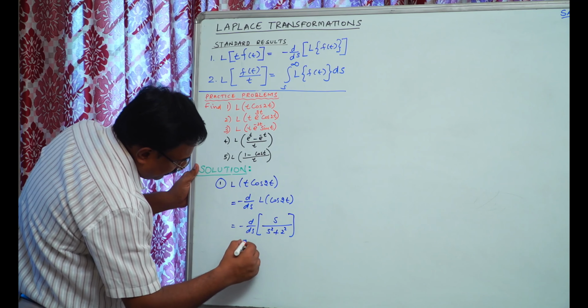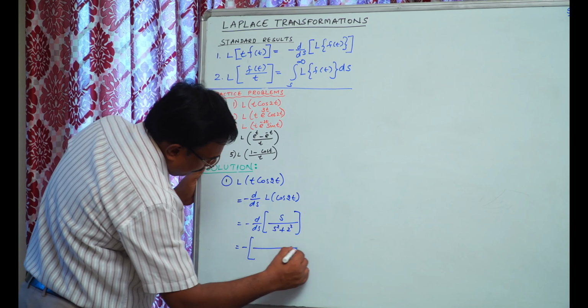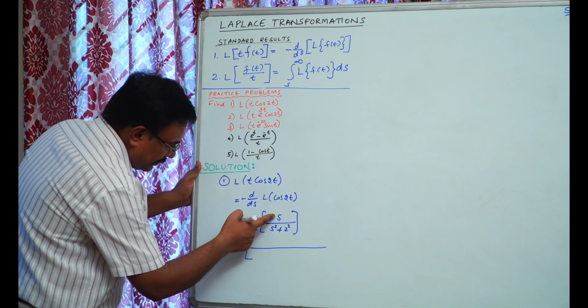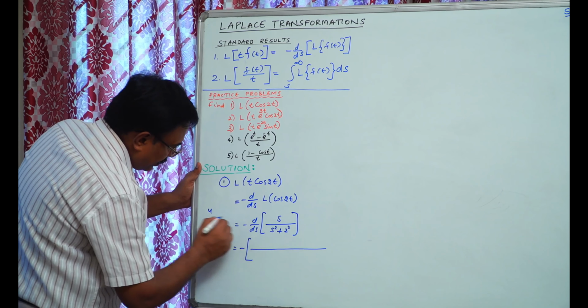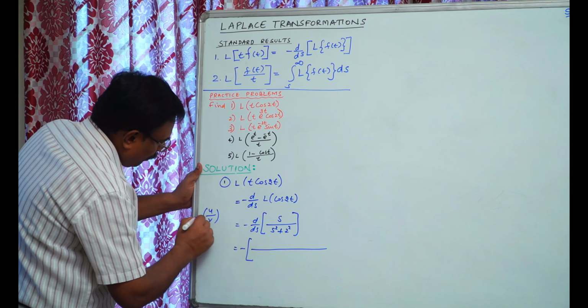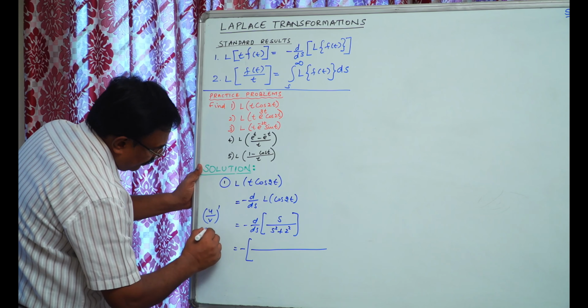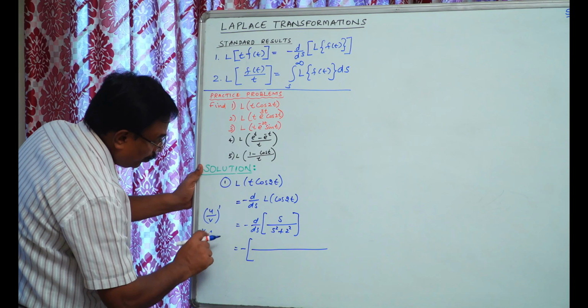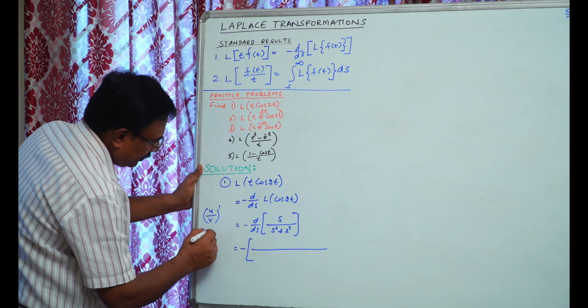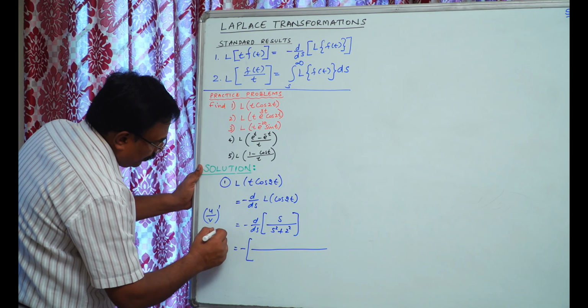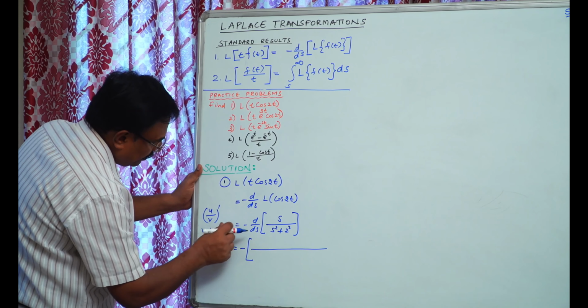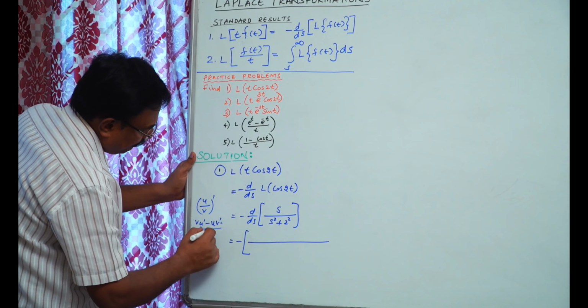Minus of, this is u, this is v, and the differentiation of u by v is (v u dash minus u v dash) by v square.